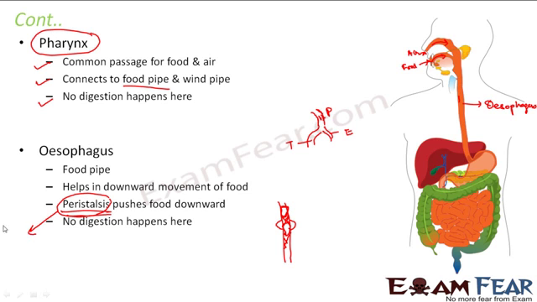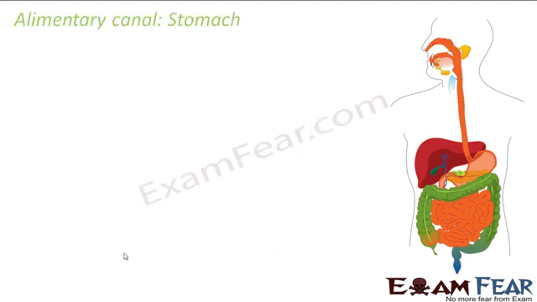It is rhythmic contraction and relaxation of muscles on the wall of the esophagus. This phenomenon, called peristalsis, pushes the food downward. Here also no digestion happens. So what is the purpose of pharynx and esophagus? It helps in carrying the food to that region where the actual digestion of food will take place. Right? Okay.